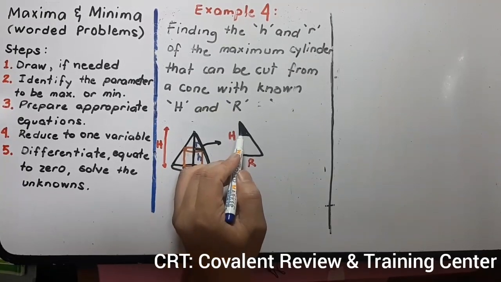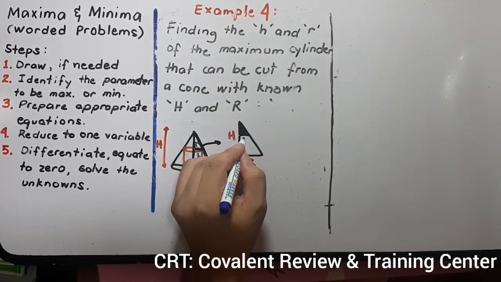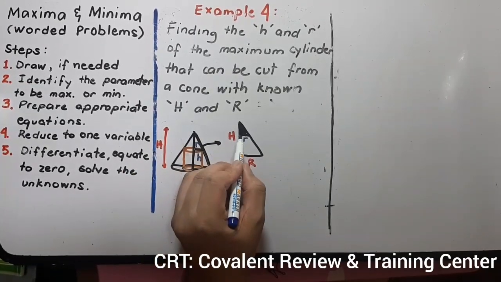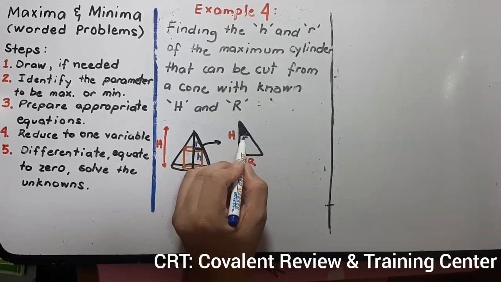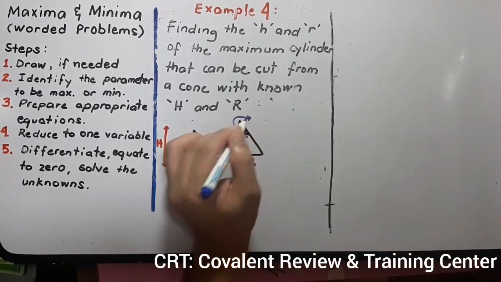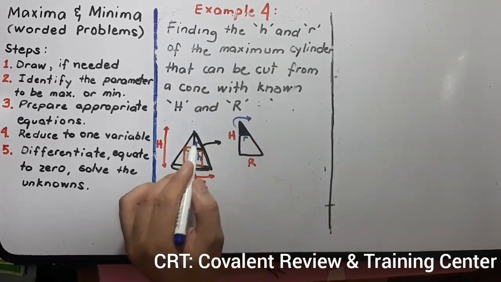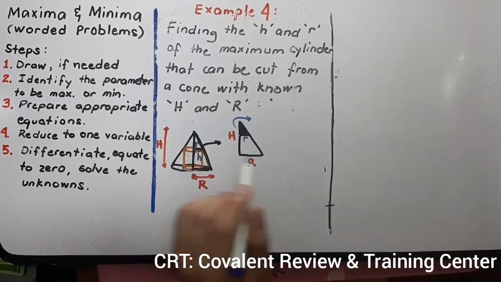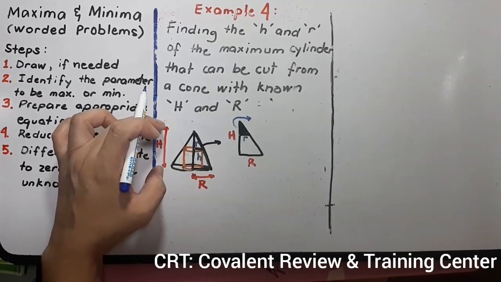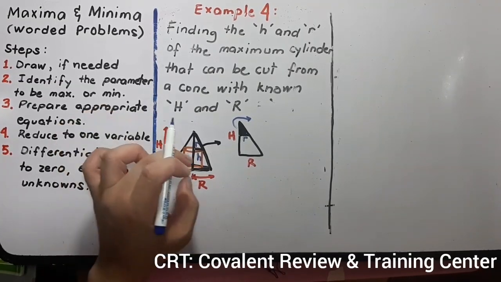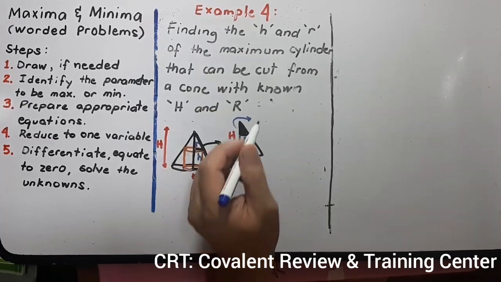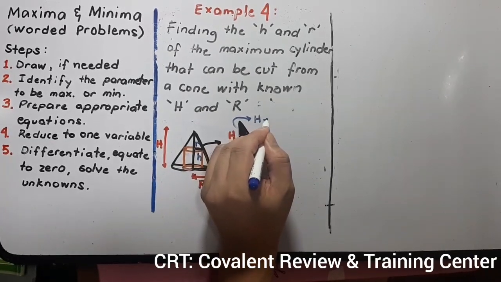This smaller triangle has a radius of small r, or the base. The base of this smaller triangle is small r, and the height of this smaller triangle based from our initial drawing is equivalent to this capital H less the smaller h, that's the height of our smaller triangle.